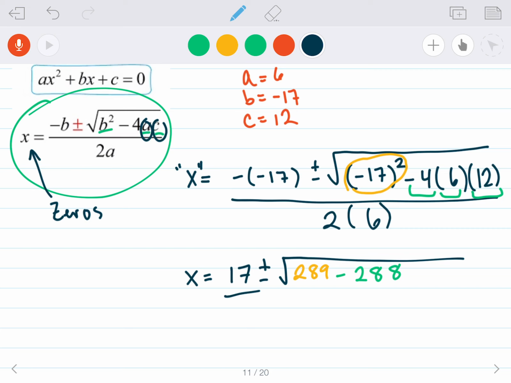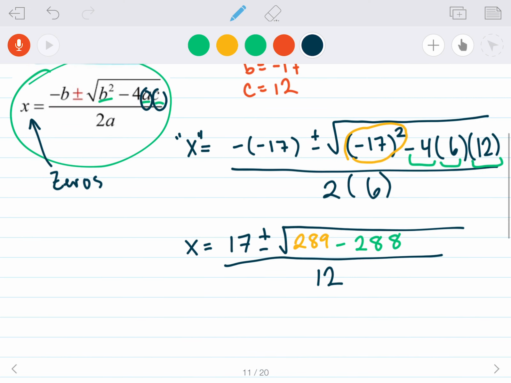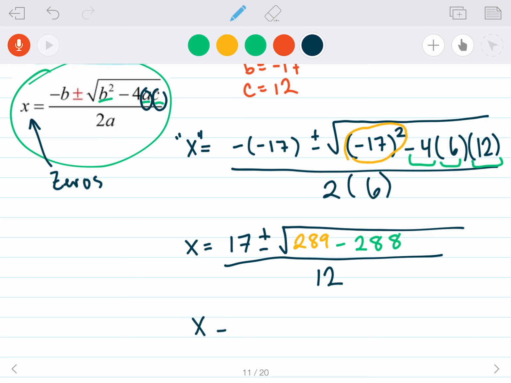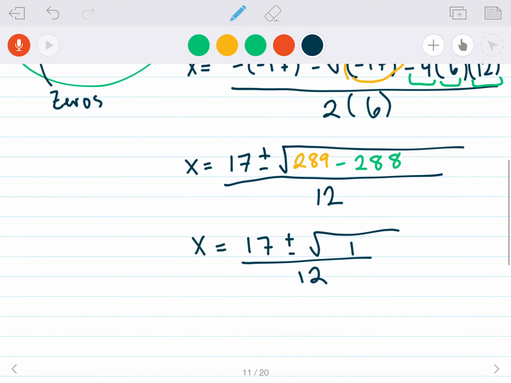On the bottom, 2 times 6, 12. Now, under the radical, 289 minus 288, we all know, I think, that that's 1. So I'm going to replace that with 1. And finally, square root of 1 is just 1. Put it in the calculator. Square root of 1 is 1.